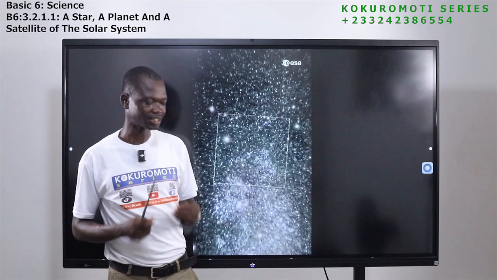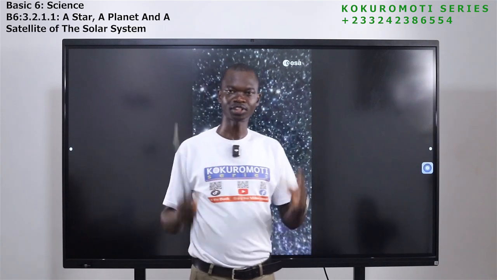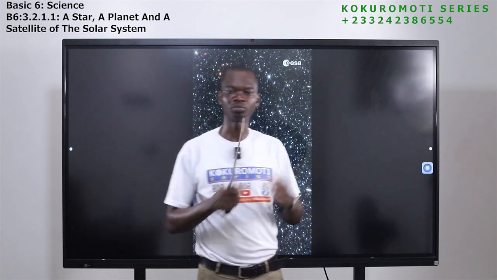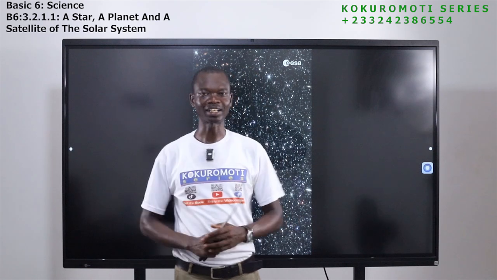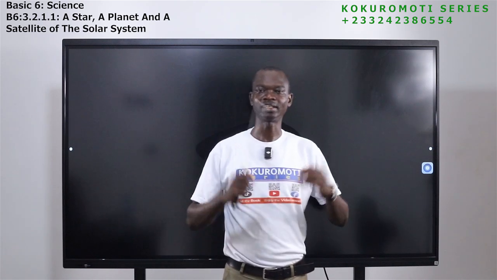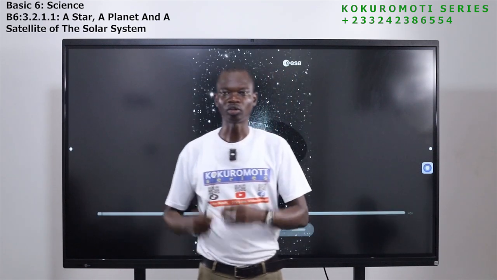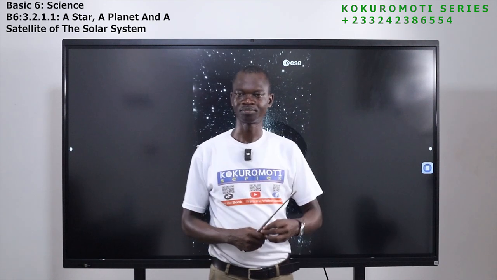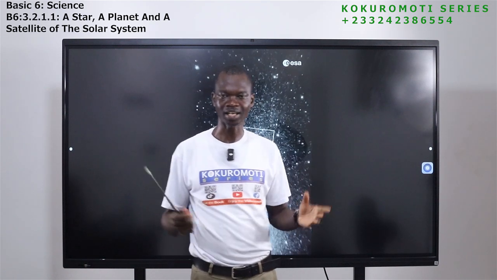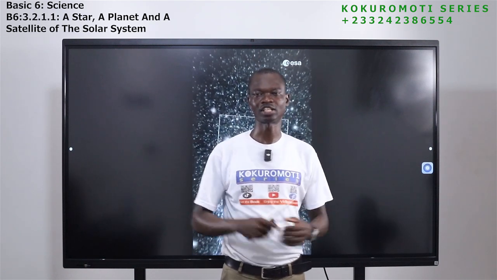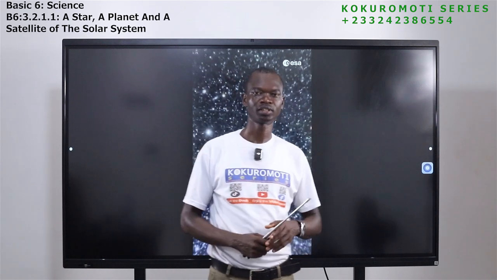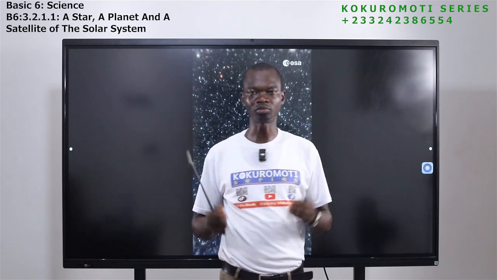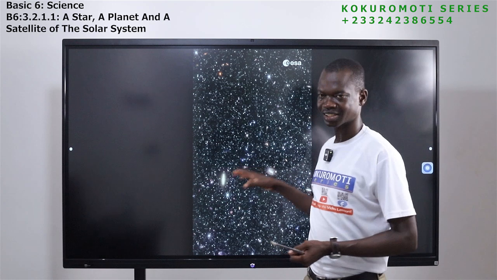Three, artificial satellites help people to move from one point to another. At the same time, it helps to predict the weather forecast. Yes, they are able to tell that tomorrow it will rain, tomorrow it will not rain. All this information, they are able to get because of the satellites.